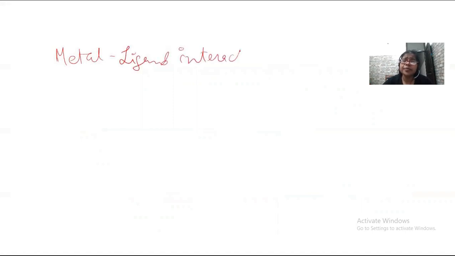Now, in a very perfect environment, which is not possible in nature, the metal ligand interactions will be equal. It must be equal, but it doesn't happen, right? What happens is that metal and ligand, they interact unequally.